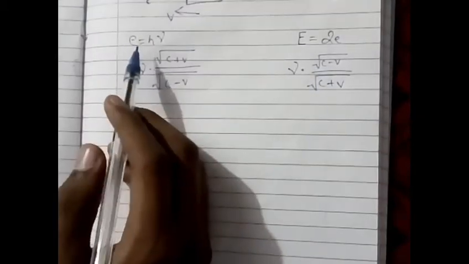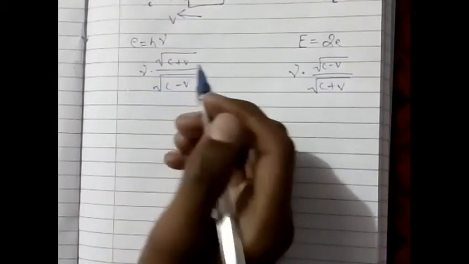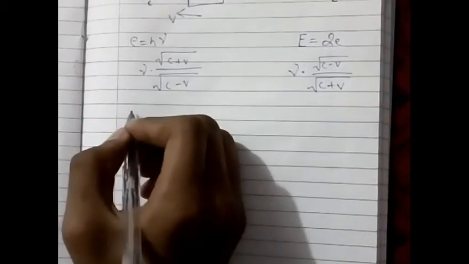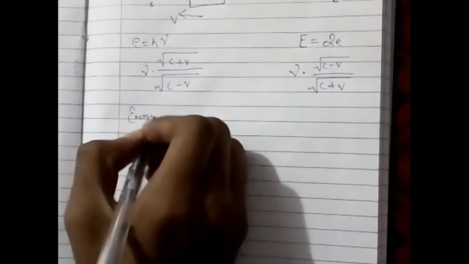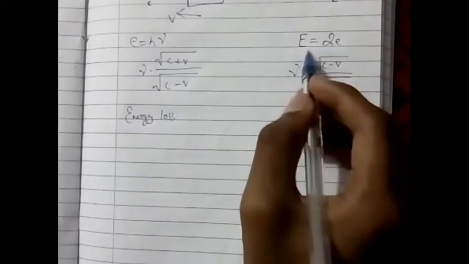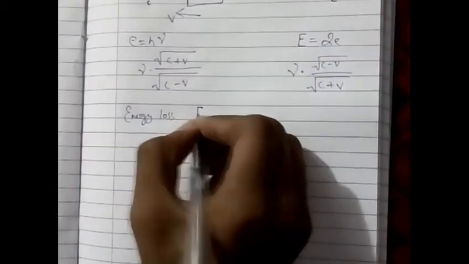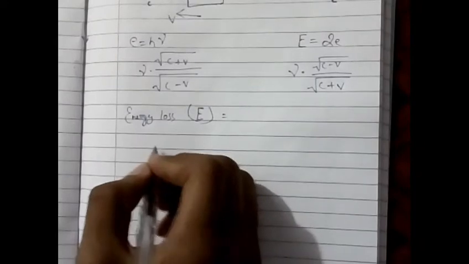We know Professor Max Planck's equation E equals h nu, the energy of a photon is Planck constant times its frequency, and now we have to find the energy loss, which is capital E. That will be equal to the sum of both the two energies.